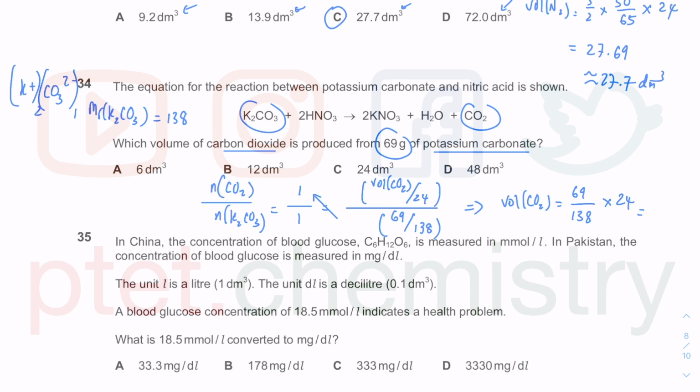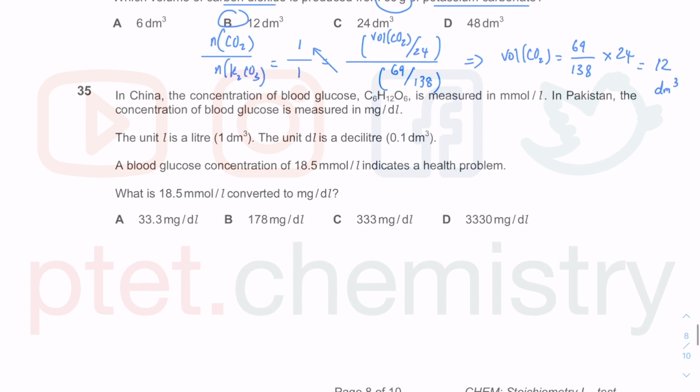I jump straight to my calculation, and this gives me 12 dm cubed because I've divided by 24 dm cubed per mole. Be very careful, especially in a structured paper. Units really matter.